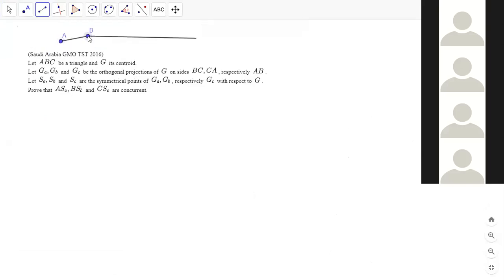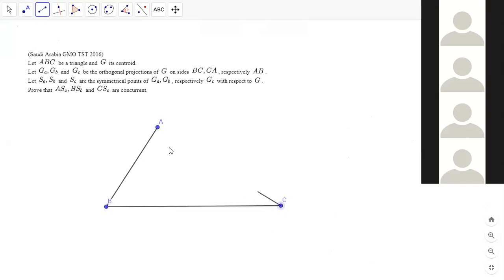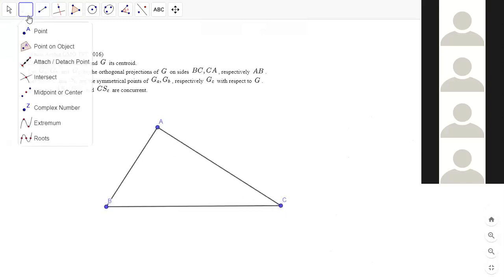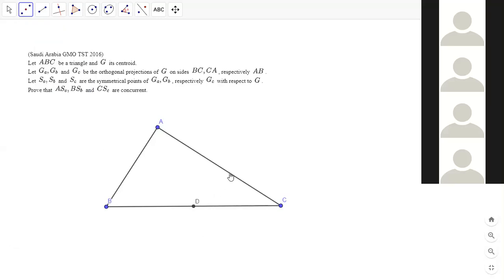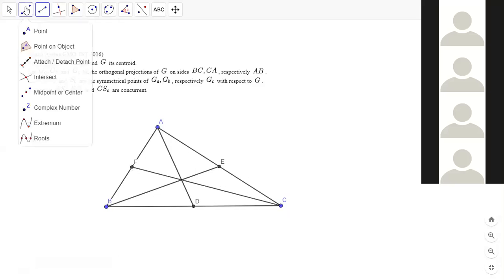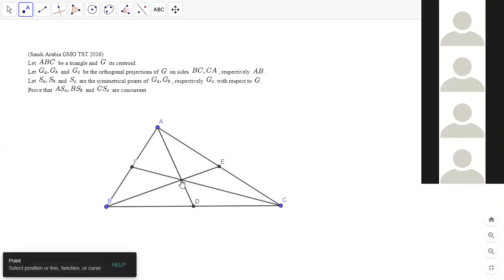So we have a triangle ABC. G is the centroid. I'm going to draw the midpoints D, E, and F, and then they concur at a point G. And obviously G lies on the Euler line, OH, and all that other stuff. And then we project G onto all three sides. So it's GA, GB, and GC.